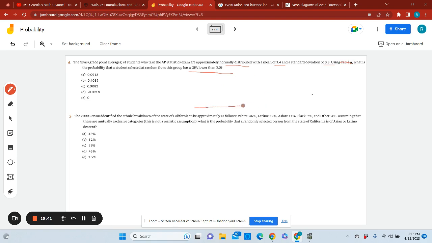Okay, sometimes they give you some easy normal distribution questions, to satisfy some continuous random variable probability questions. All right, so this is a slam dunk for us, right? We know this distribution is centered at 3.4.